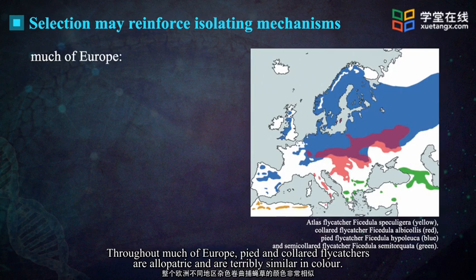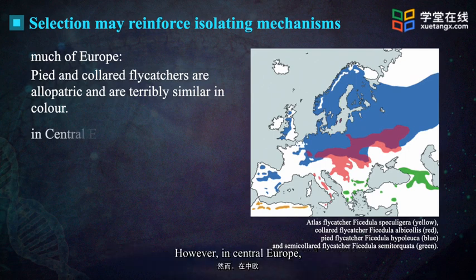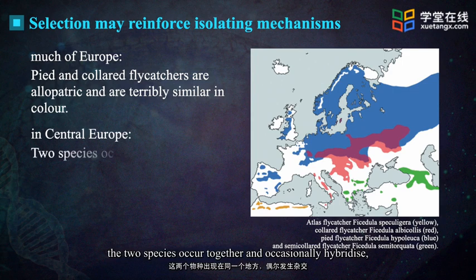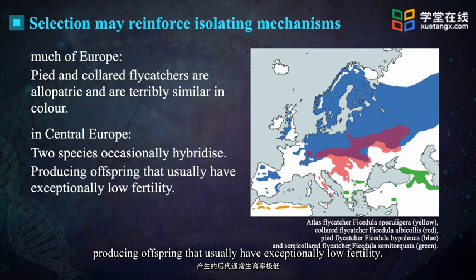Throughout much of Europe, pied and collared flycatchers are allopatric and are terribly similar in color. However, in Central Europe, the two species occur together and occasionally hybridize, producing offspring that usually have exceptionally low fertility.